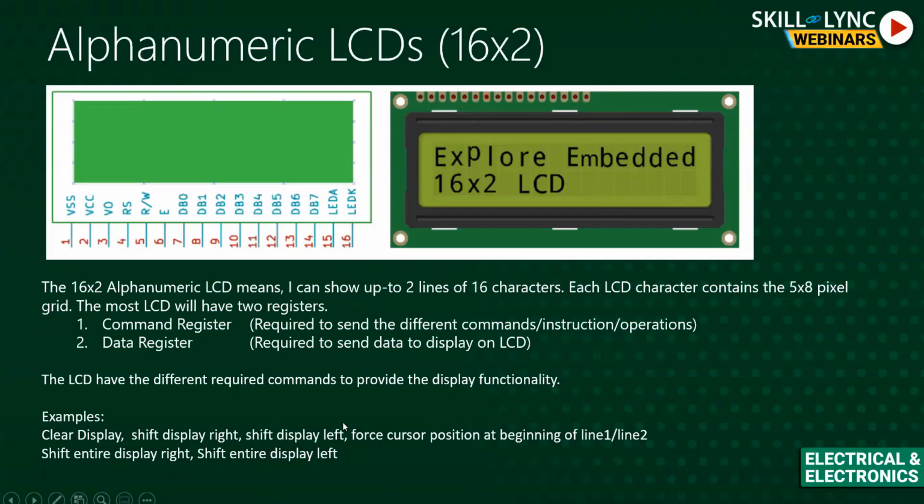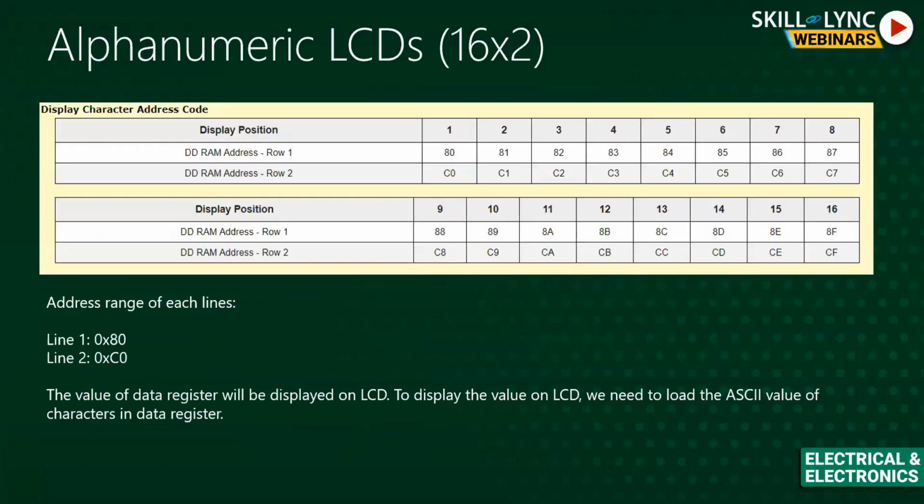There is also an option provided by the LCD to shift the entire display right or shift the entire display left. We always see scrolling text on the LCD. The LCD provides that inbuilt support, where you can directly display things and give the command to scroll right or scroll left depending on your need. There is a specific command for that as well. As I mentioned, there will be a specific address defined for each location.